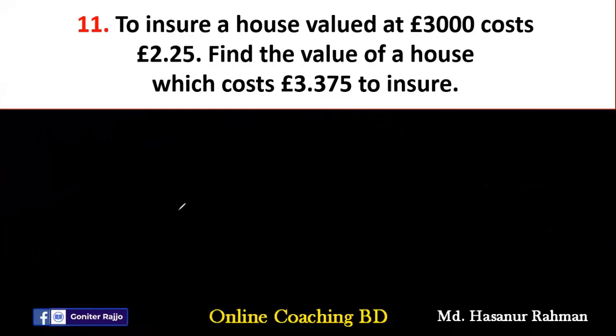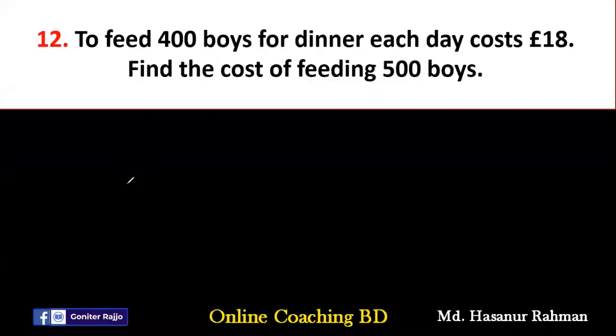Now our last problem, number 12. Number 12 says to feed 400 boys for dinner each day costs 18 pound. Find the cost of feeding 500 boys. So it will be greater than 18 pound. So how can we write? We can write in this way.